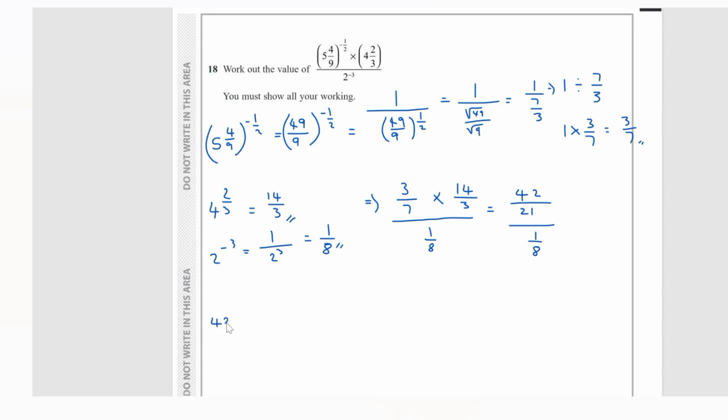Now 42 over 21 divided by 1 over 8 is the same as 42 over 21 multiply, and we flip the second fraction, 8 over 1. So 8 times 42, 8 times 10 is 80, times that by 4.